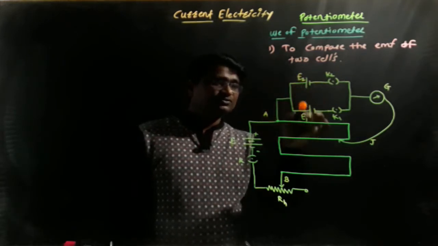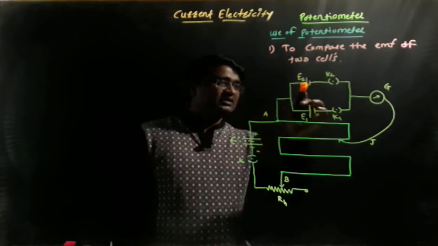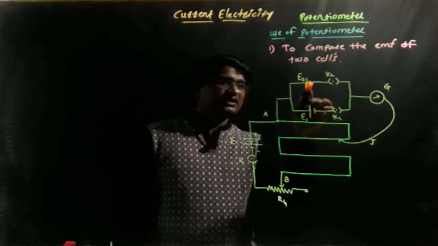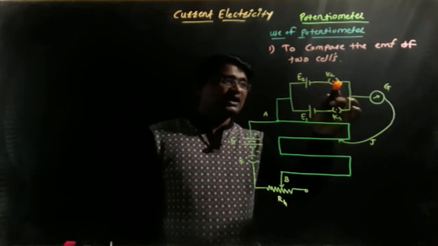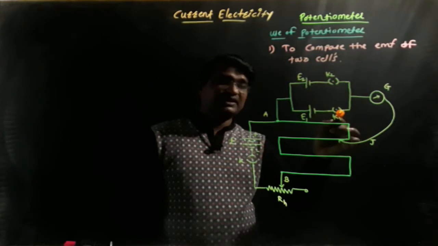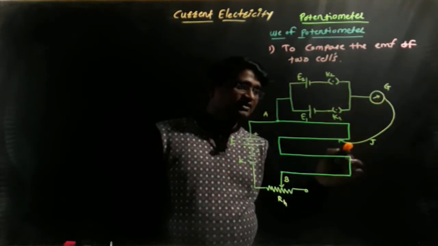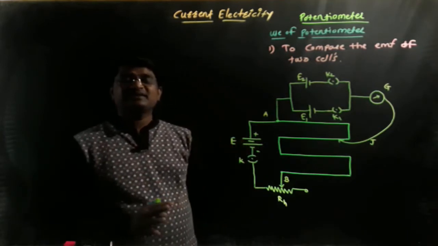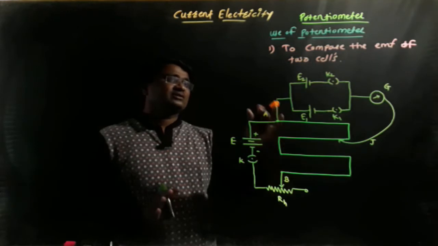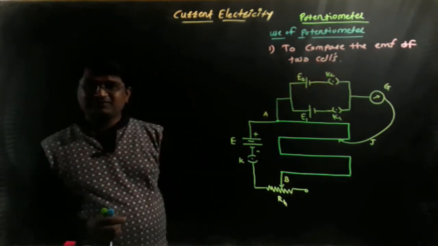So the common positive terminals of E1 and E2 are connected to the point A. Their negative terminals are connected to the first ends of keys K1 and K2, and the common terminal of keys K1 and K2 is connected to the first end of the galvanometer, and the other end of the galvanometer is connected to the jockey. This is the very easy and simple construction of potentiometer when we compare the EMF of two cells.